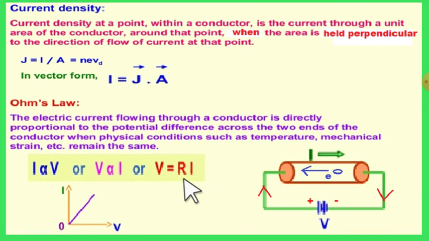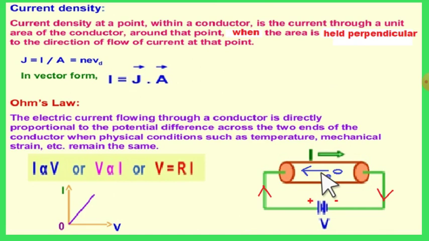It depends upon the cross-sectional area of the conductor, length of the conductor, nature of the conductor, and obviously on temperature also. But if you keep temperature constant, cross-sectional area constant, and length constant, then what happens? This R is a constant, and it depends only on the nature of the material.